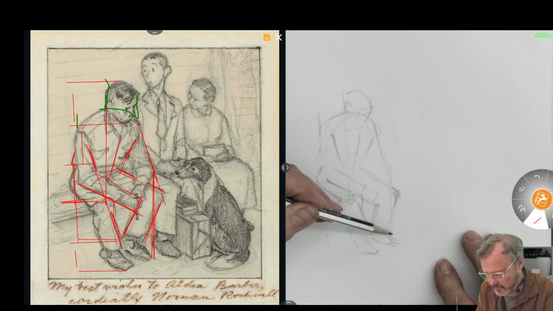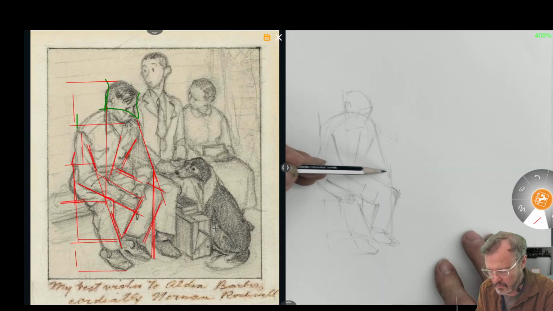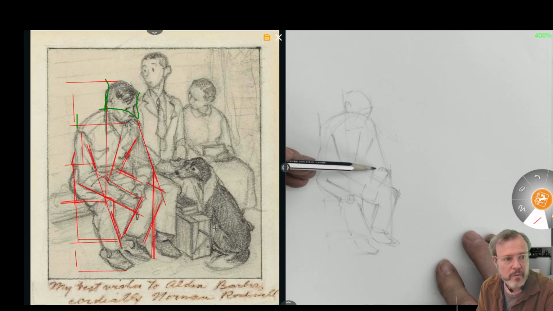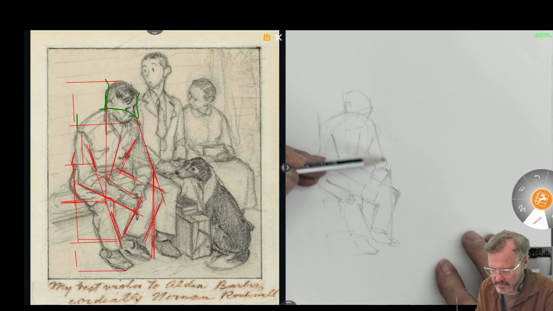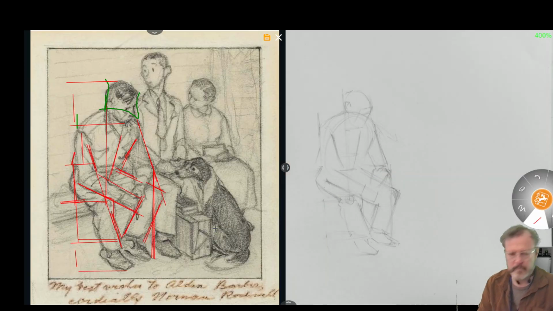So if we pull straight up from there, that's going to show us where this elbow is. And there's that folded arm. And that's the basic structure of the first figure.